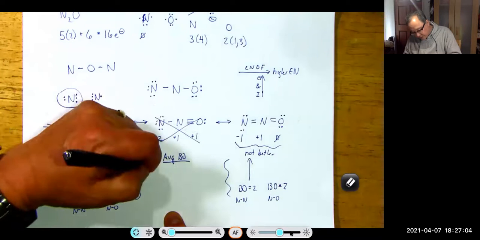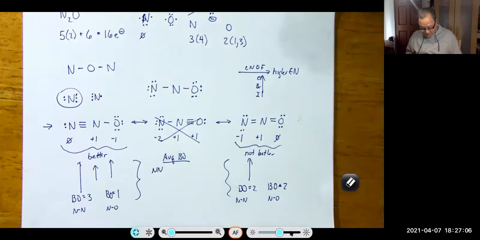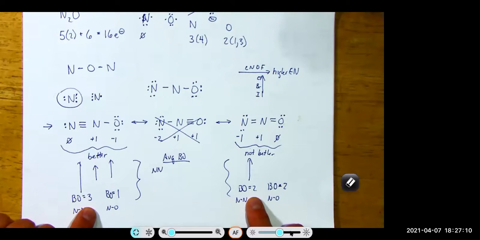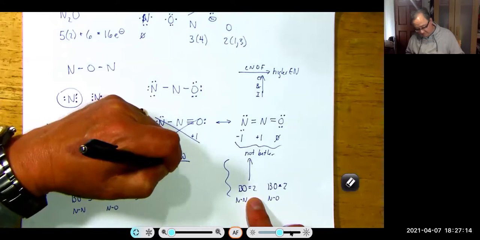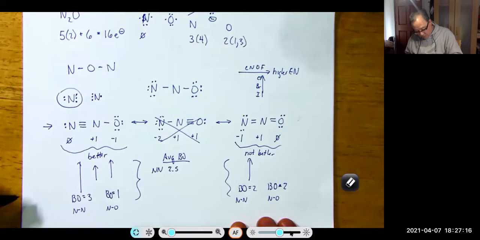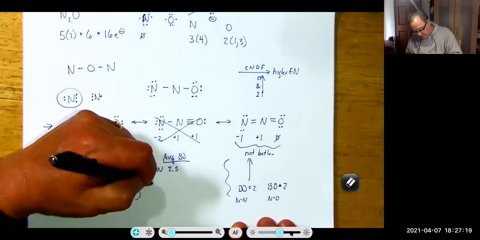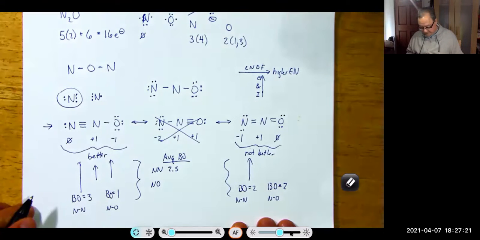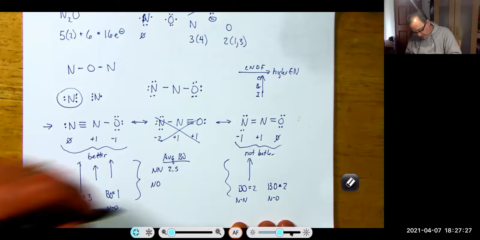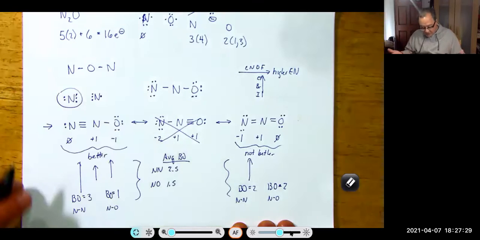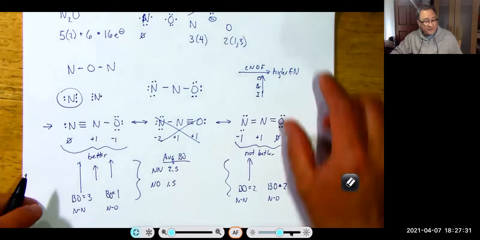So what's the nitrogen-nitrogen average bond order if we have a 3 and a 2? 5 divided by 2, 2.5. What is the bond order for the nitrogen-oxygen? 1 and 2. 3 divided by 2, 1.5. Okay, so that's the average. Fair enough?